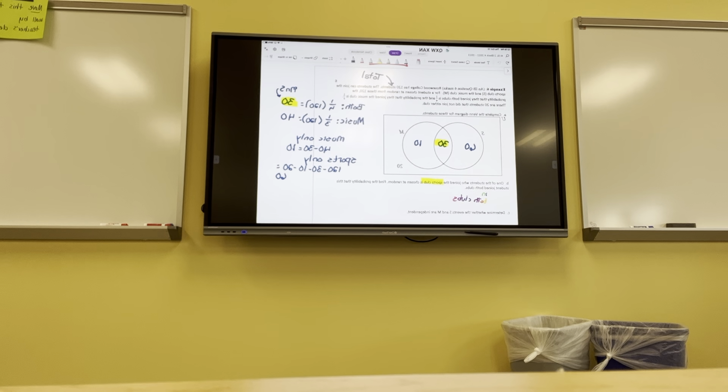So that's the overlap. The probability would be 30 out of, there are 90 kids in the sports club. So this is basically a conditional probability.